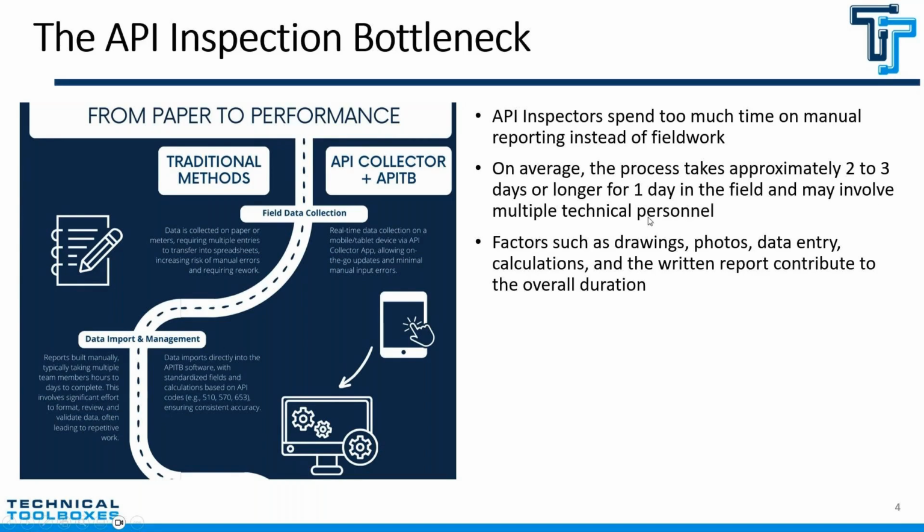So you might be out there doing inspection on 10 tanks or whatever, and then it's going to take you several days, probably even more on average. Factors such as drawings, photos, data entry, calculations, and written reports contribute to the overall duration.